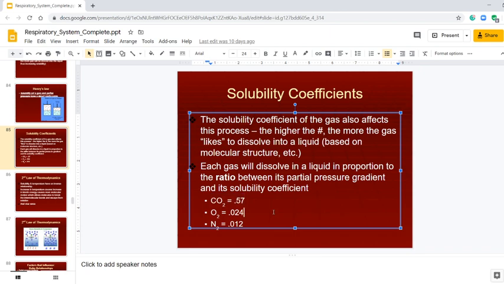Carbon dioxide is way more soluble than oxygen, and oxygen is twice as soluble as nitrogen. So the molecular structure allows for readily dissolving in fluid or solution, or not so much.